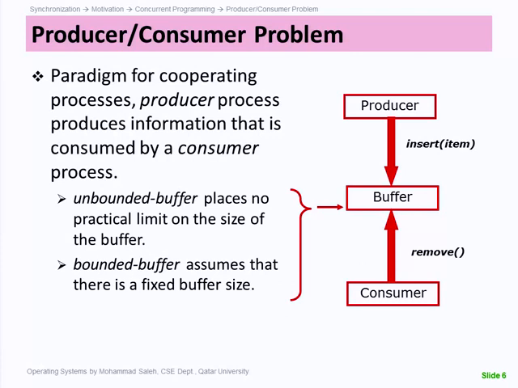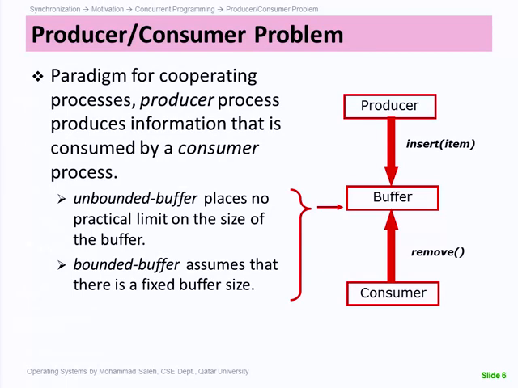Now, to introduce the problem of synchronization, we go for the classical example, which is the producer-consumer problem. The idea is that we have two types of active threads, cooperating in the sense that one type will be producing items and the other type will be consuming items: the producer and the consumer.